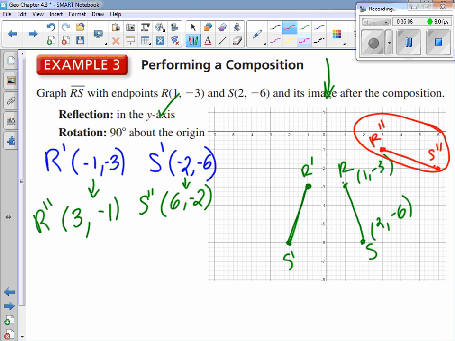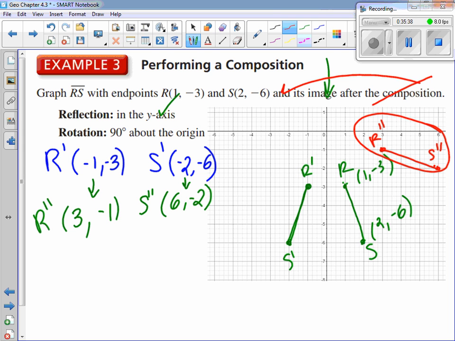Questions on this here? Order matters. Order matters for this here. Because if I rotate this first, 90 degrees, well, 90 degrees would put the line somewhere up here.